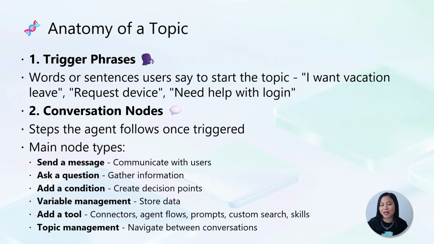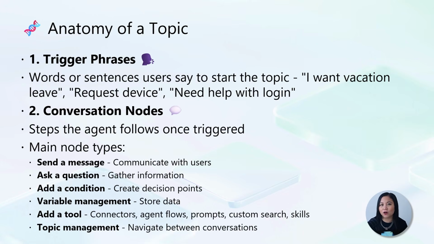Now, every topic has two essential components that work together to create meaningful conversations with users. First, you have what we call trigger phrases. These are the words or sentences users might say to activate a specific topic, like, I need a laptop, or how do I request vacation time?